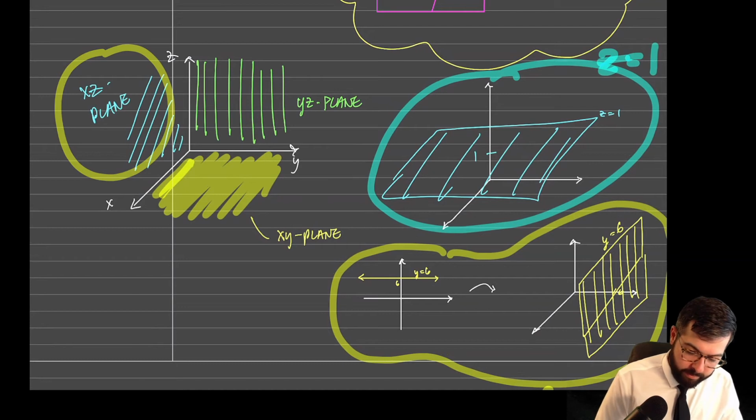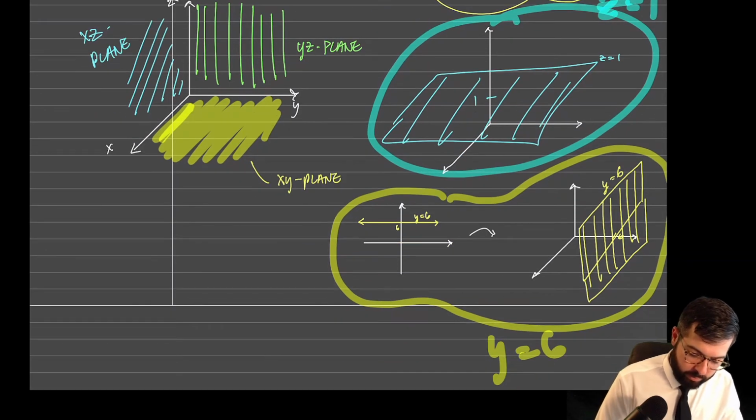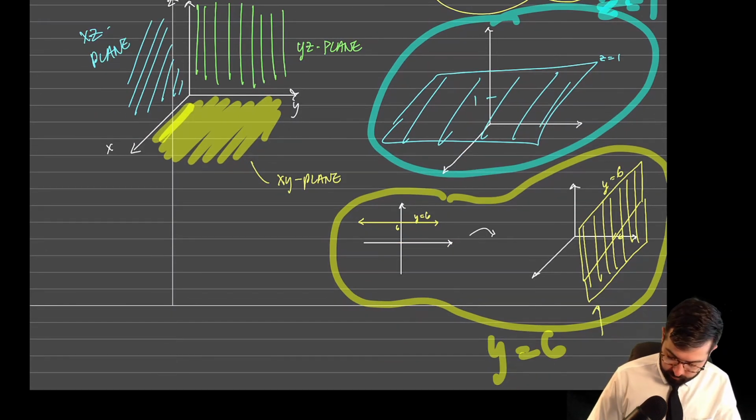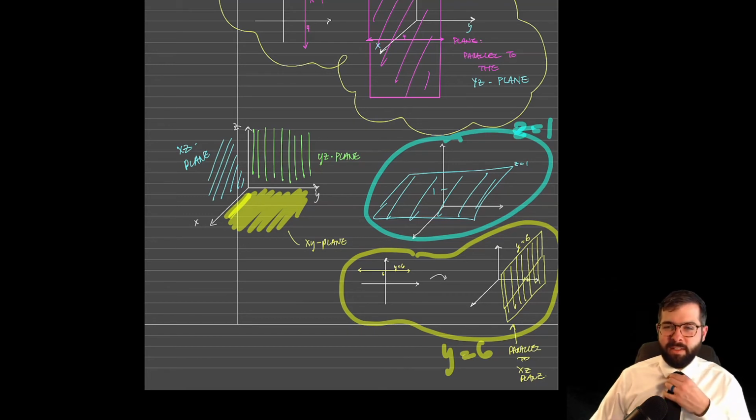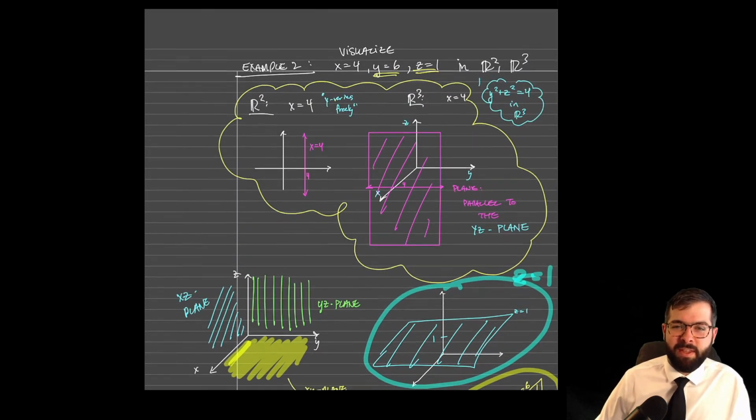It's parallel to that wall. So y equals 6 is a plane. Z equals 1 is a plane. The z equals 1 plane is parallel to what plane? XY. See some people mouthing it, lip syncing it. Yeah. XY plane. Awesome.